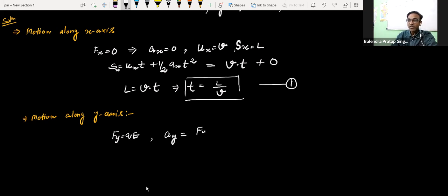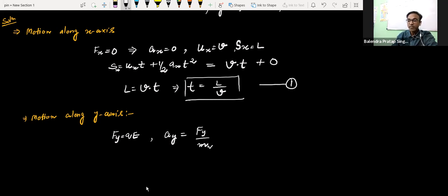So ay is equal to Fy divided by mass. Here m is the mass of the charged particle. It's not the mass of an electron or a proton, it is simply the mass of the charged particle, m of q.